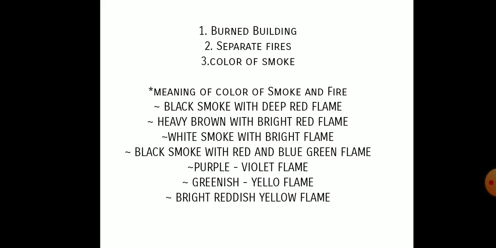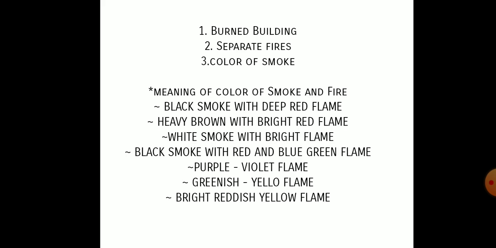So black smoke with deep red flame are the petroleum products, gasoline, tar, rubber, plastics, etc. Heavy brown with bright red flame are the nitrogen products. And then the white smoke with bright flame are the magnesium products.